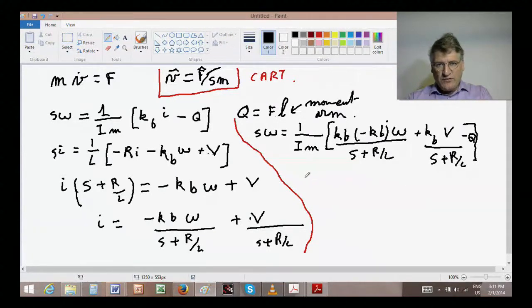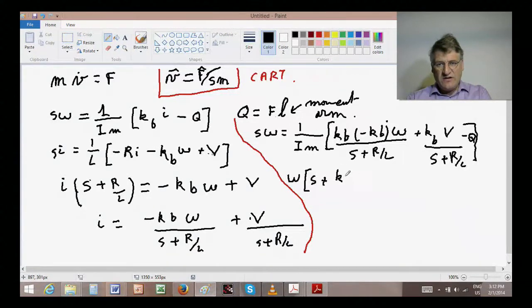When we put things together and we put all the omega terms on the same side, we obtain that omega times S plus 1 over Im.